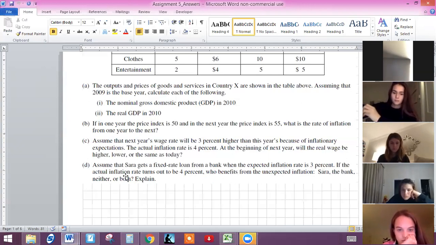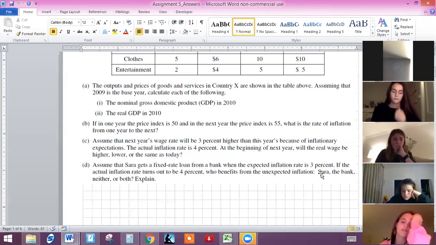And if the actual rate turns out to be higher, if the rate of inflation turns out to be higher than the expected, who is going to benefit? The borrower, who is Sarah, the lender, the bank, or neither?